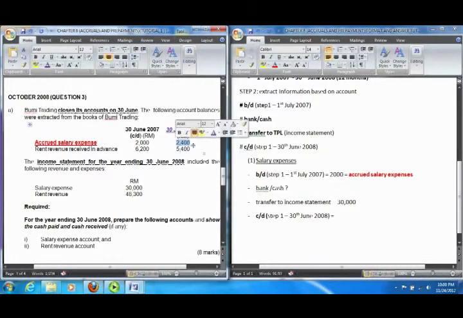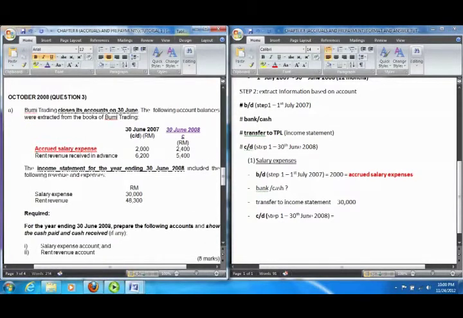Alright, now you get the information. So this is your CD amount. Alright, accrued salary expenses done. We have done your, this is your BD, CD for 30th 2007. Then this is your CD for 30th June 2008. Now you are doing salary expenses, correct? Alright, so you have to see salary expenses only. Accrued salary expenses 2,400.